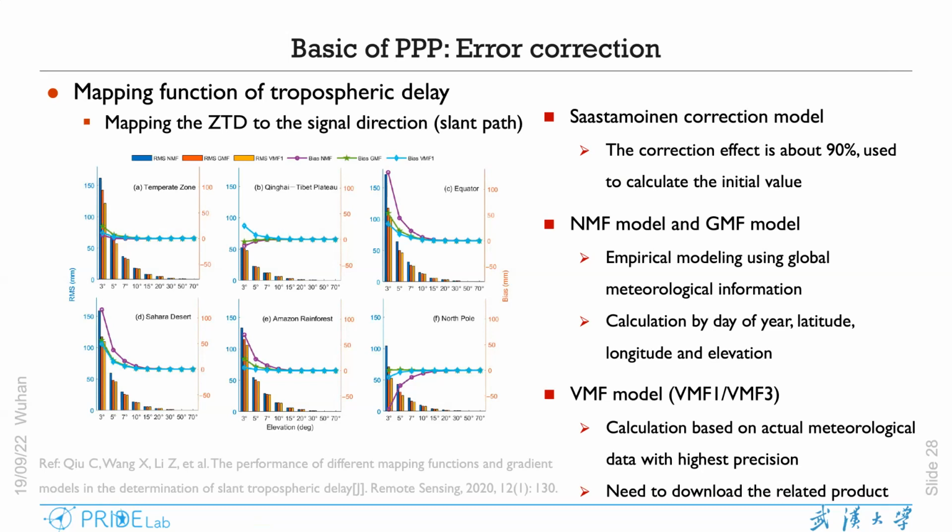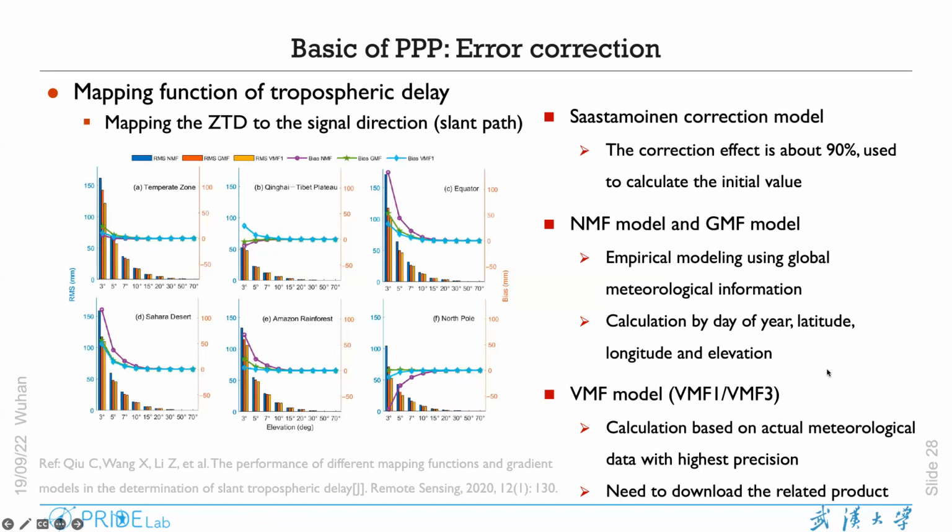So then we use the mapping function to describe the vertical troposphere delay, and then we use these mapping functions to project the zenith delays to the slanted directions.